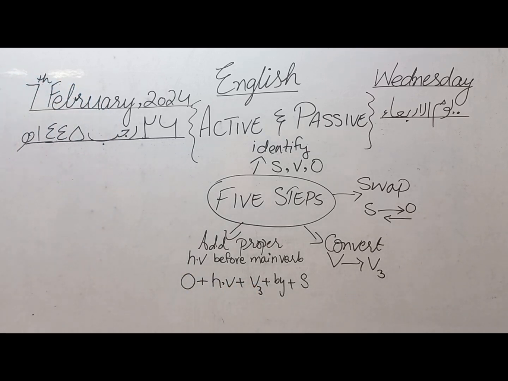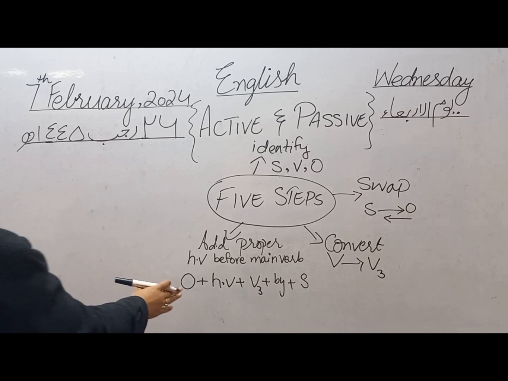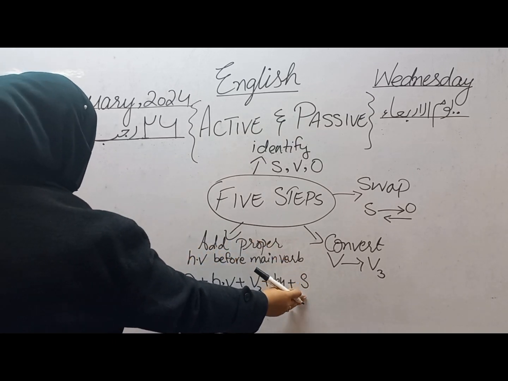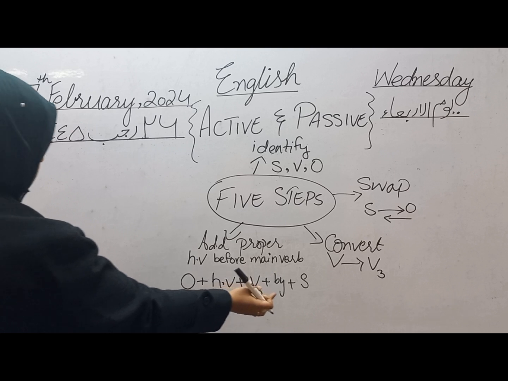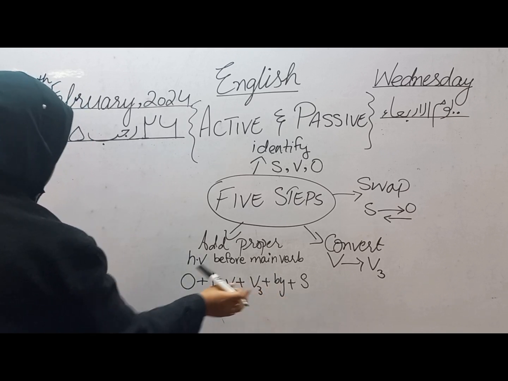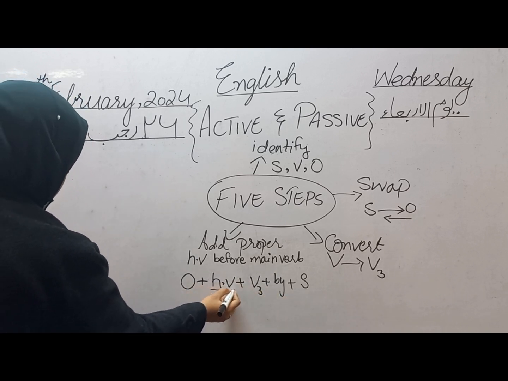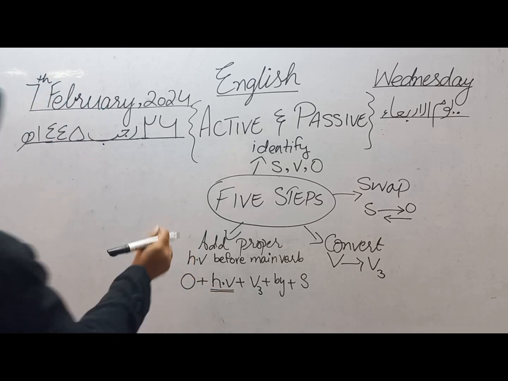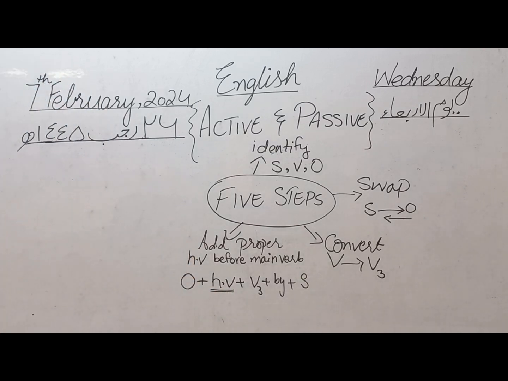So we are quite clear with these four things: we must have an object in place of the subject, a subject in place of the object, the by, and the third form of the verb. But just this thing is left. I need to explain in detail what kind of helping verb you will add here.